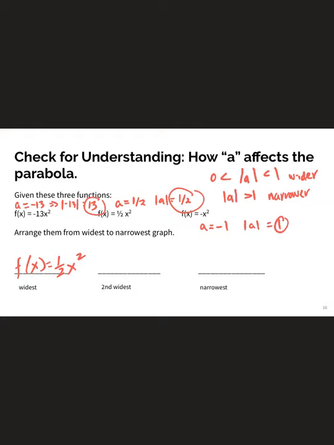My second widest is going to be my second highest number, which is 1, and I see that 1 corresponds to f of x equals negative x squared. So this is going to be my second widest function. And my narrowest function is going to be the one with the largest absolute value of a, and that's 13, which corresponds to my first function, f of x equals negative 13x squared.